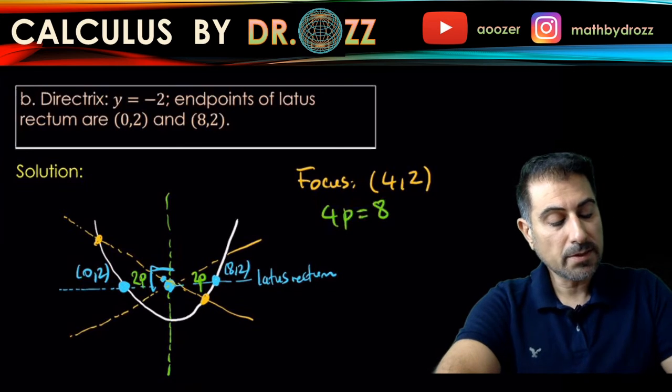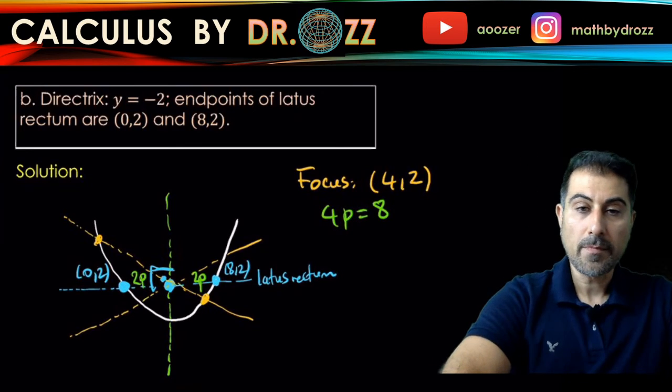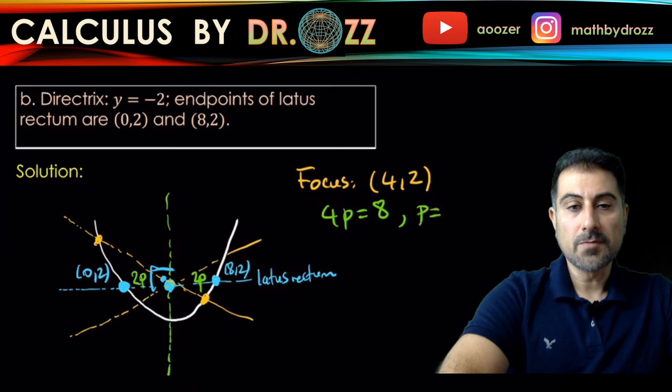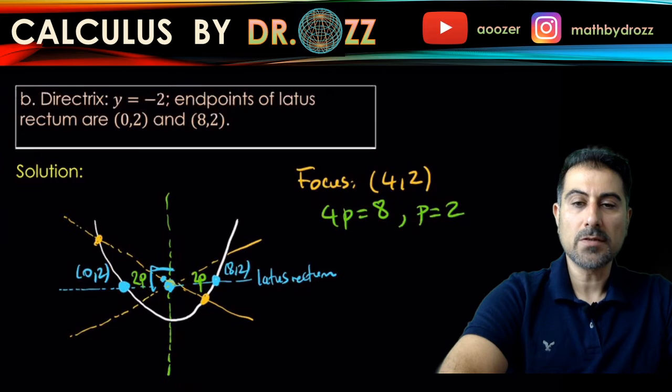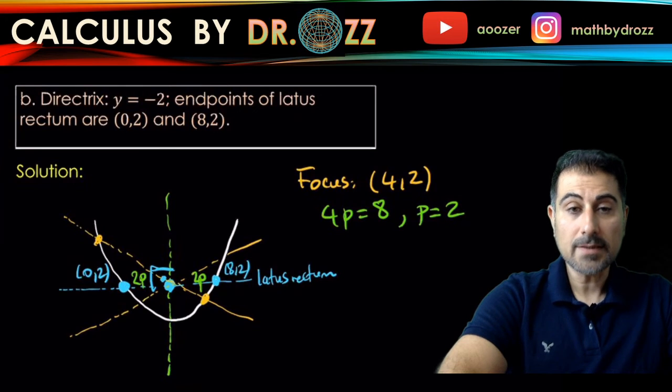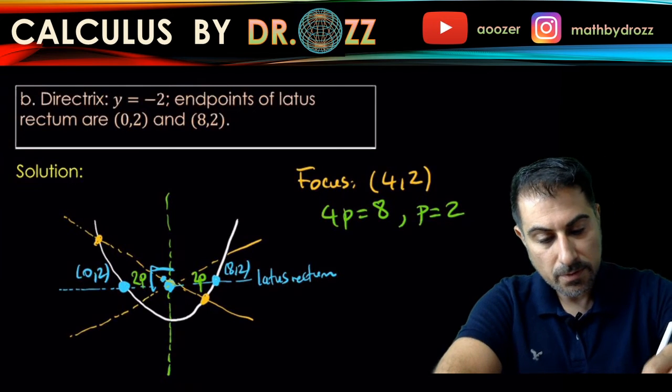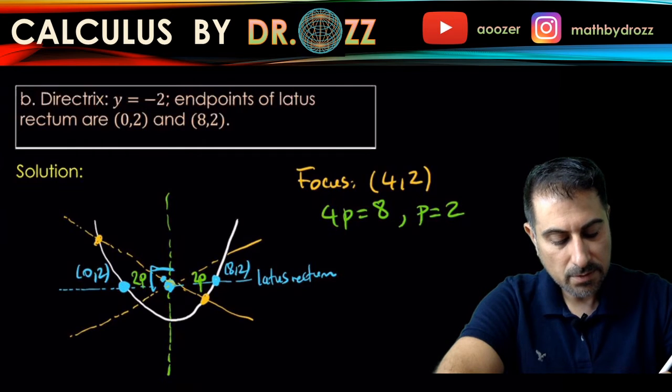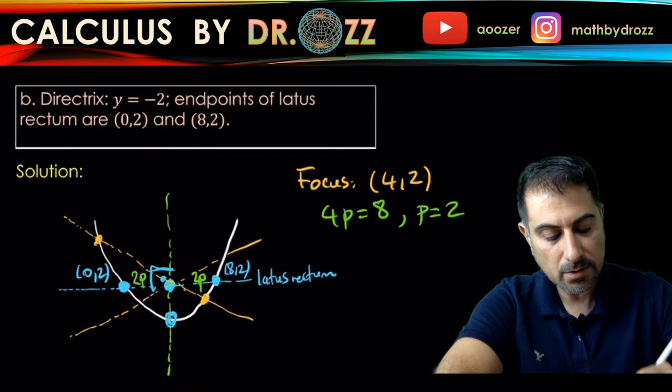So this implies that p equals 2. One property of the parabola is that the distance from the focus to the vertex is p. So if this is the vertex, this distance here is just p.